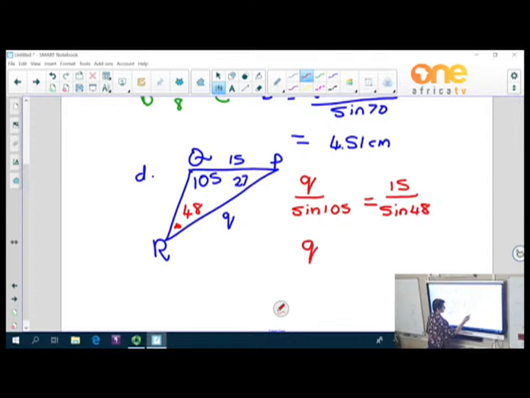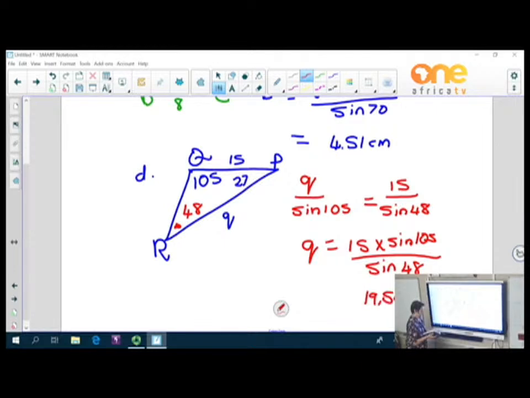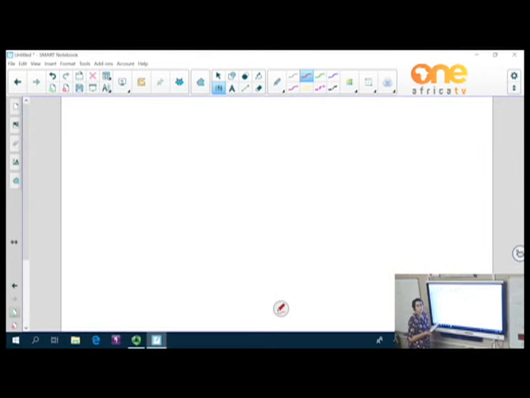Here we do multiplication, 15 times sine 105, divide by sine 48, and the length of Q is then 90.